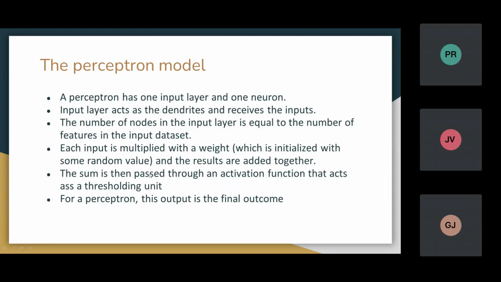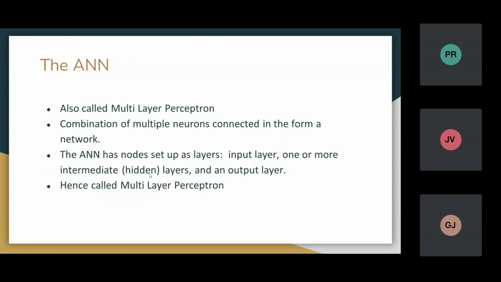And a neural network typically is created by using a bunch of such perceptrons and putting all of these perceptrons in a layer. So a layered set of perceptrons will give me what we call a neural network. So let me quickly show you how the artificial neural network looks. The artificial neural network has all these nodes.